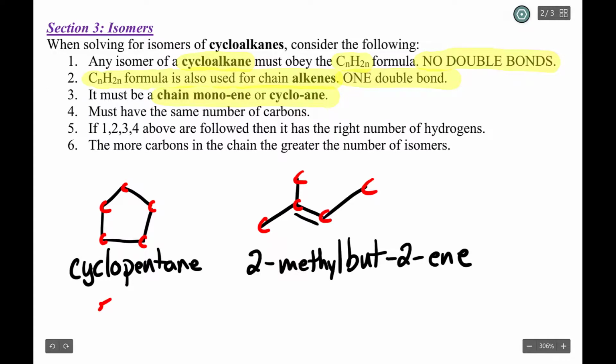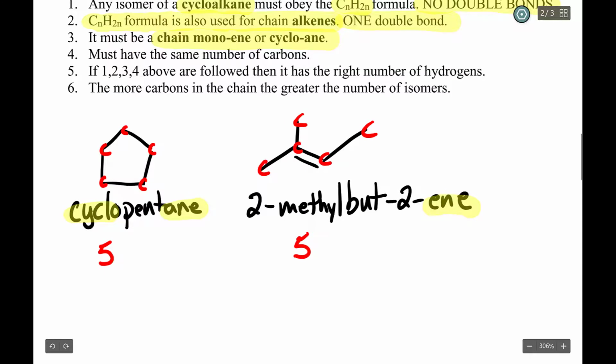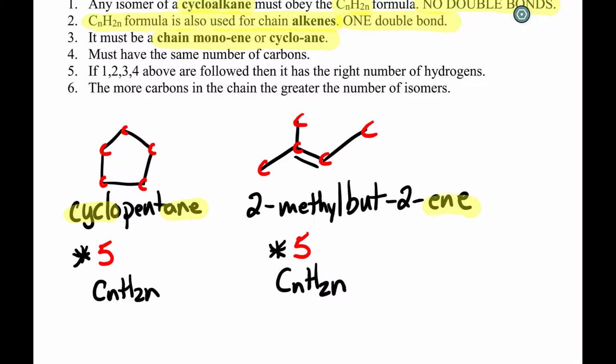So the number of carbons is good, 5 and 5. And then I'm looking at the name and at the picture. So I recognize that a cycloalkane and a chain-ene give me actually the exact same formula. So this would be CnH2n, this would be CnH2n. And because they satisfy both the number of carbons, and from the name I recognize the generic formula, I know that these things would be isomers of one another.